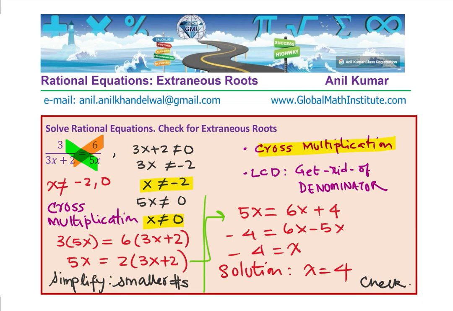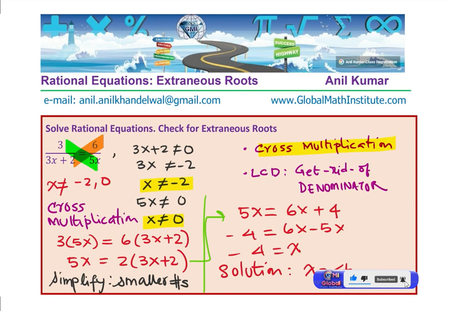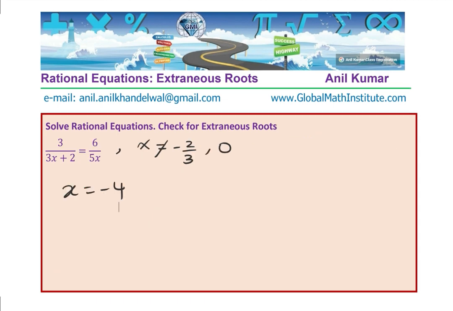So let's do the checking for the result in the first case. In the first case, we identified that the restrictions are x not equal to minus 2 by 3 and 0. Correct? And we found that x is equal to minus 4 is our solution, correct? Minus 4. Okay. So let's check if that is true.